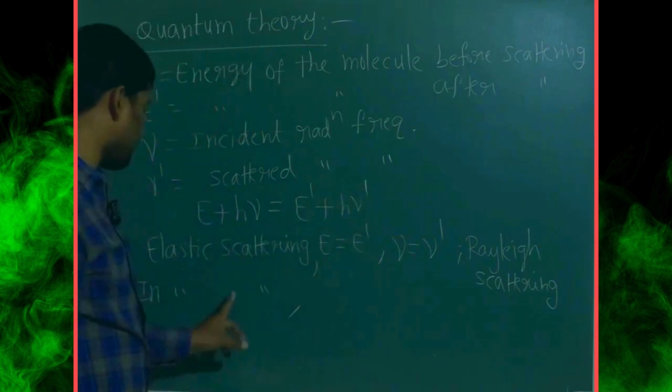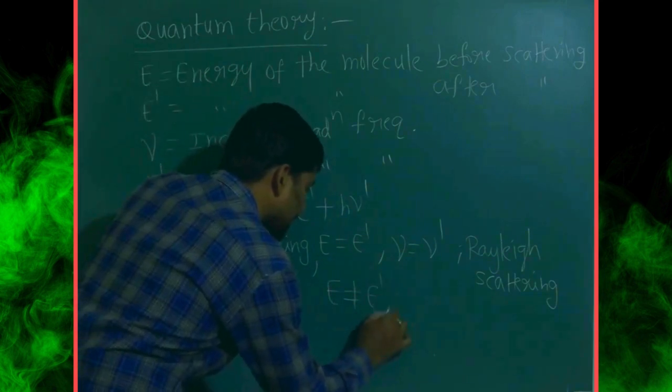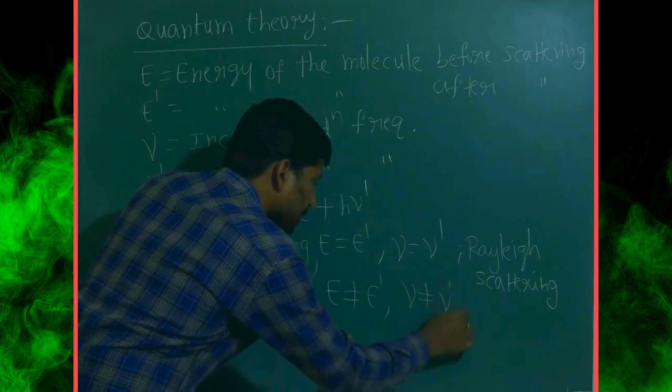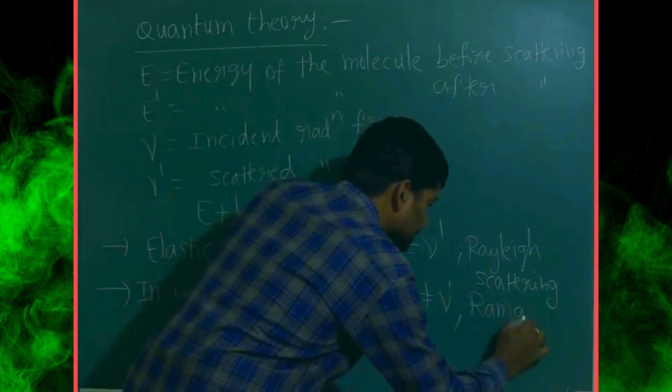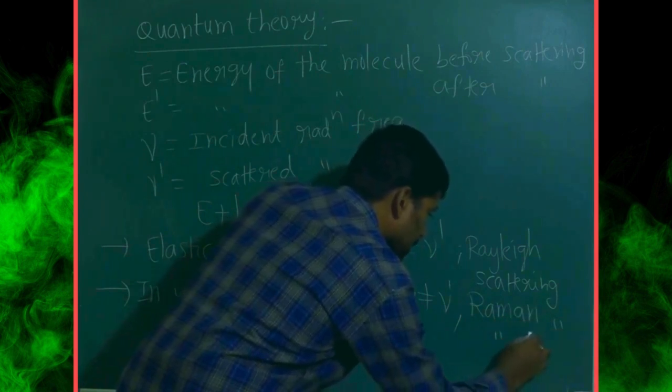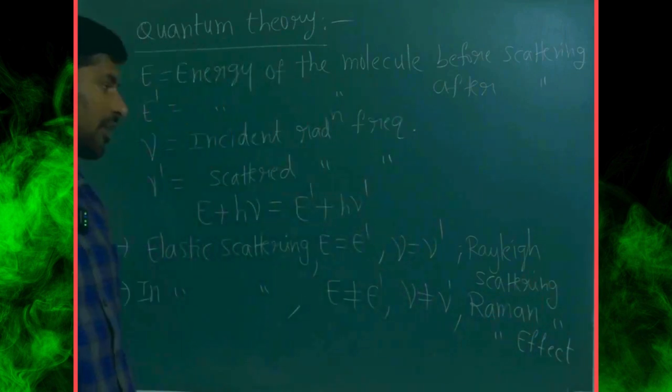Such scattering is called inelastic scattering. That means E is not equal to E dash, or nu is not equal to nu dash. That is also said to be Raman scattering or Raman effect.